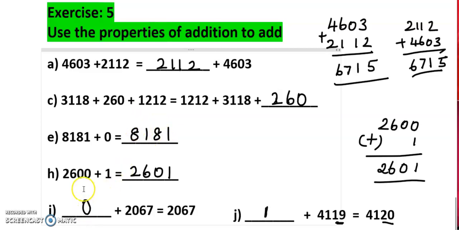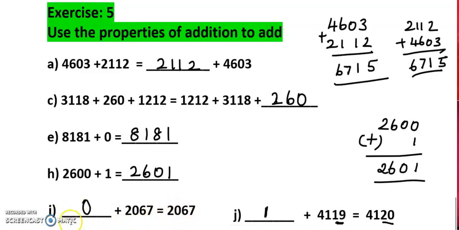Next, if you are adding any number with 1, that is the successor of the number. So 2600 plus 1, you will get 2601.